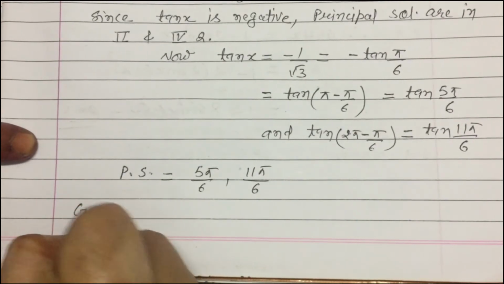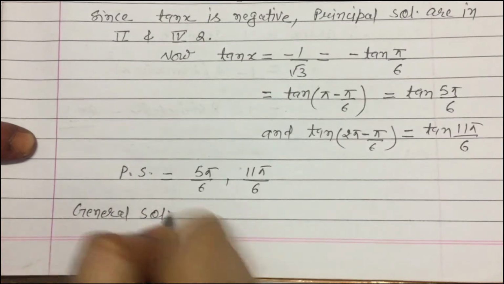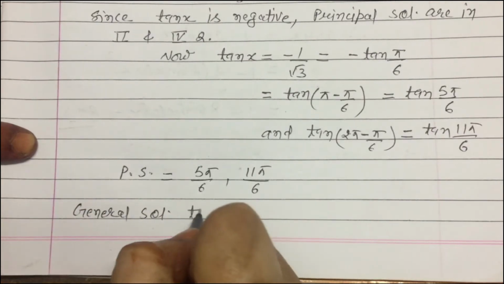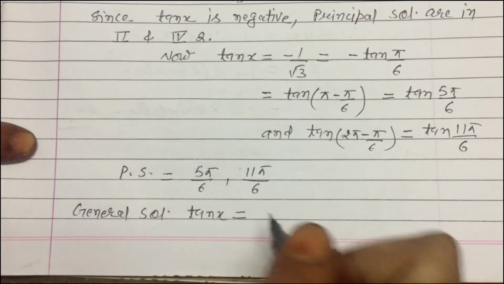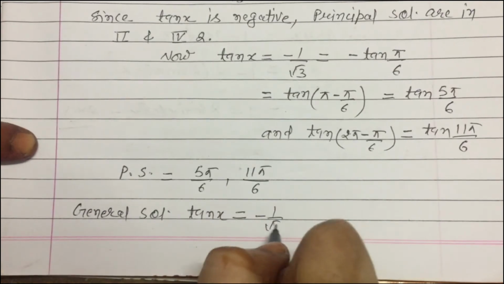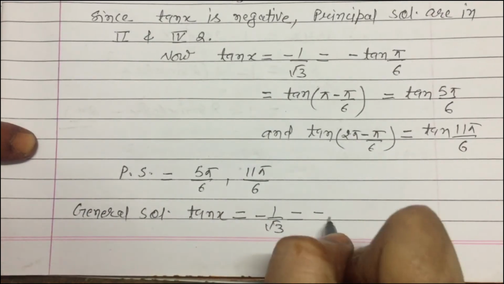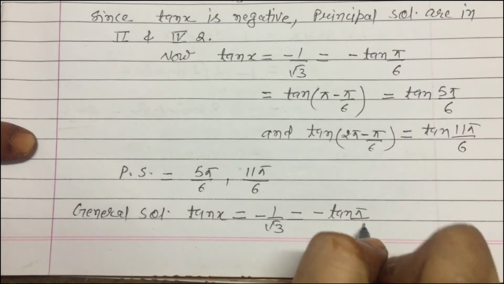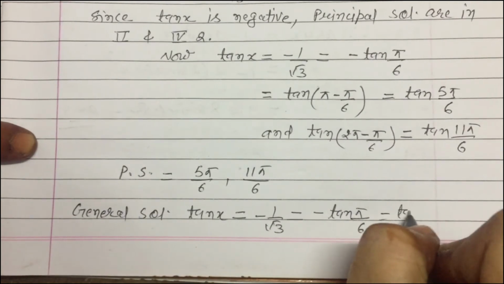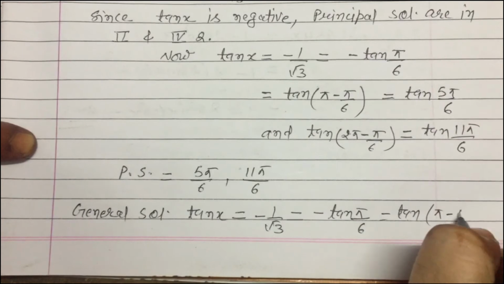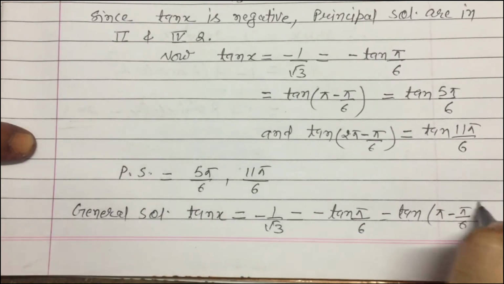So for the general solution, here tan x is equal to minus 1 by root 3. You have to write minus tan pi by 6. It is tan of pi minus pi by 6.